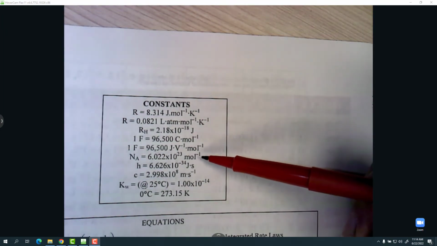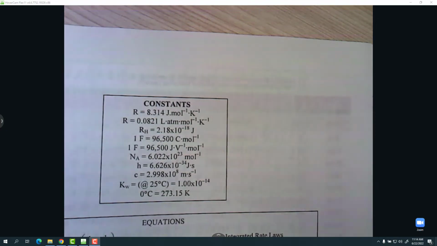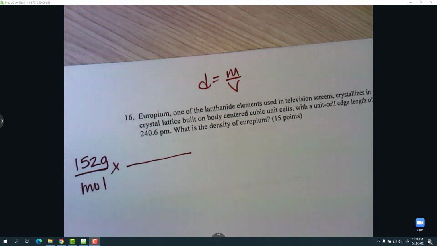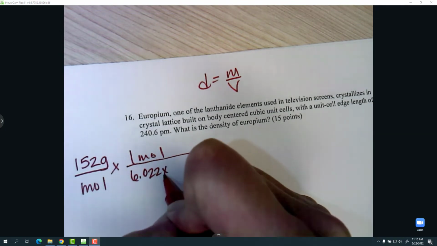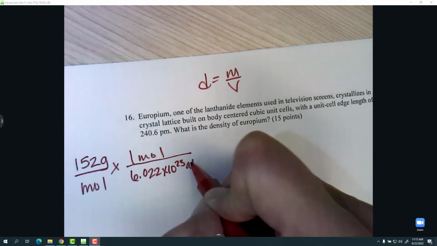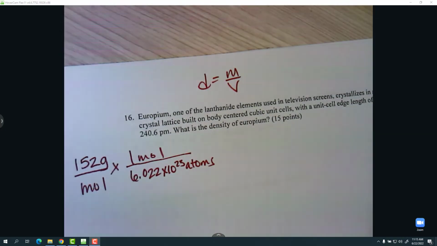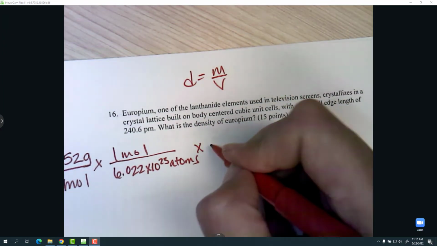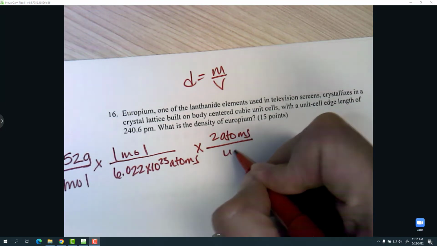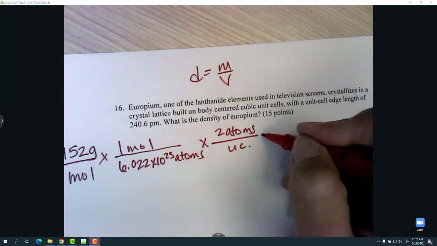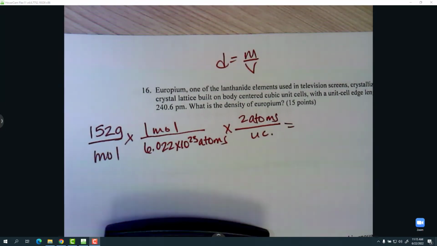It just says per mole because it could be anything per mole. In this case, it's atoms. But I don't want the moles to be on the bottom. I want the 1 mole to be on top, and I want to divide by Avogadro's number because that will give me grams per atom. And then I need the body-centered cubic. That's the 2 atoms per unit cell. That'll give me my mass of a unit cell.